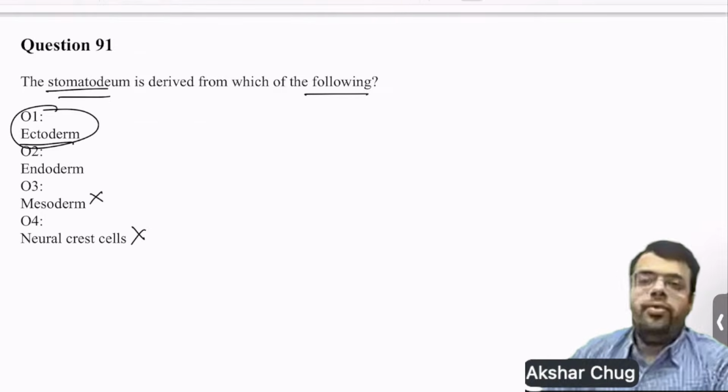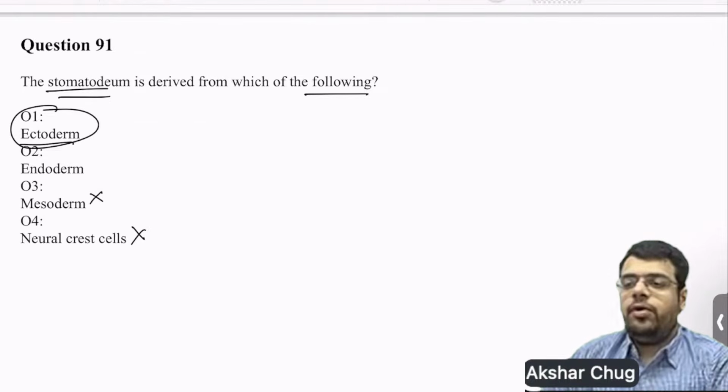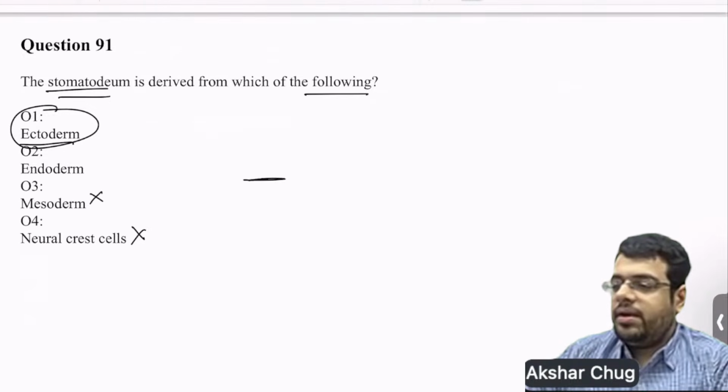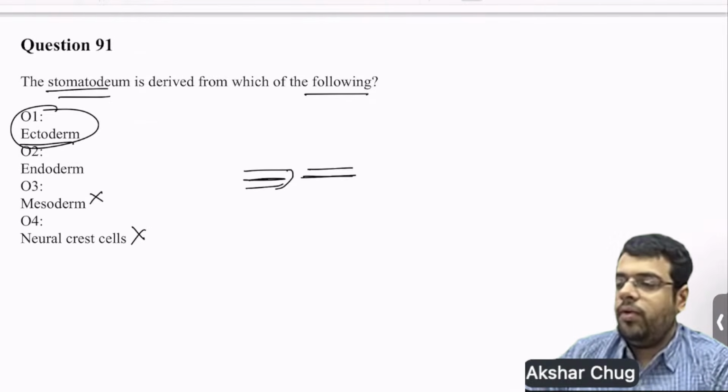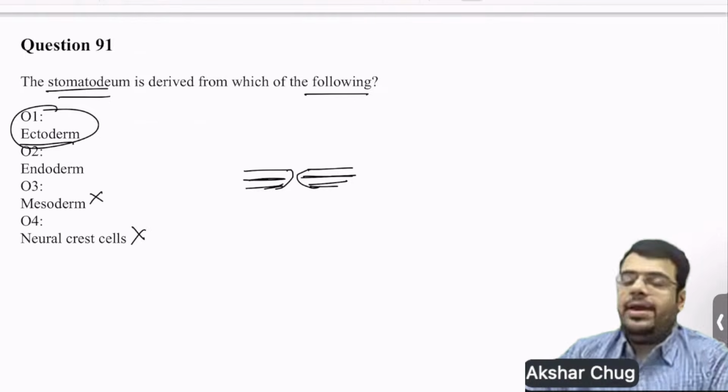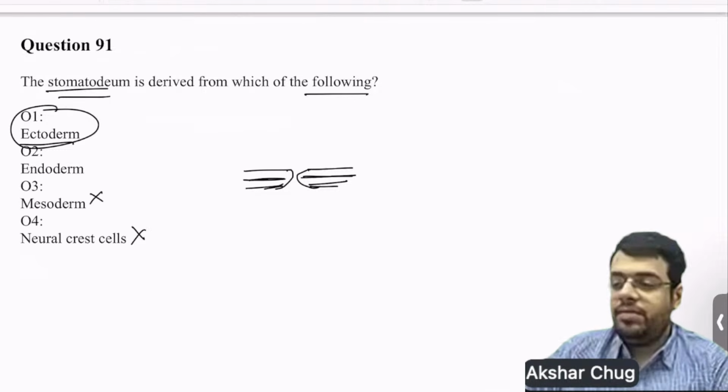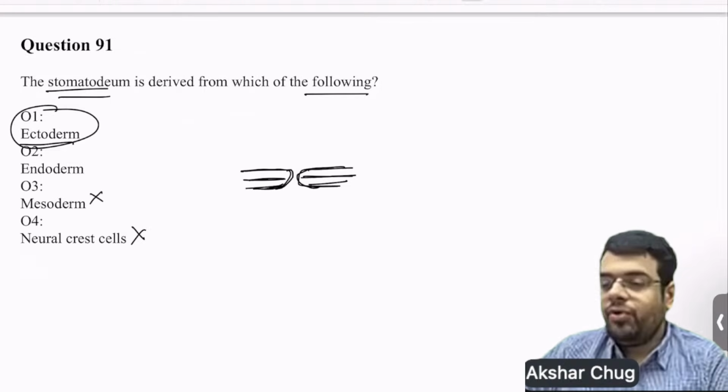If you recall the embryology of the oral opening and the anal opening, the ectoderm and the endoderm come and fuse together to form the opening. So the oral opening and the anal opening form in a similar way. So it's always either ectoderm or endoderm. So over here, the answer is ectoderm.